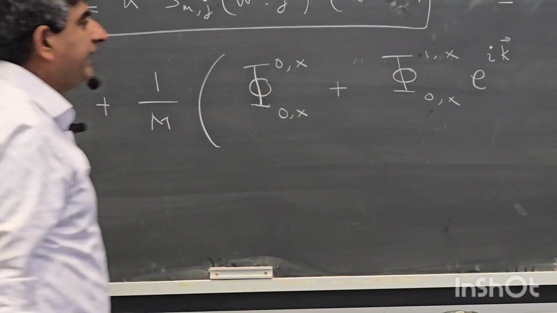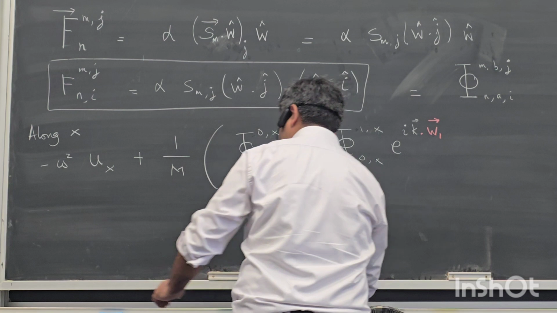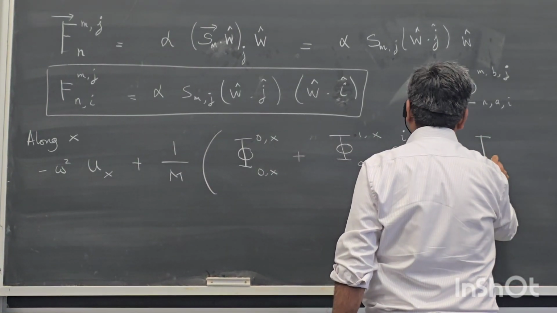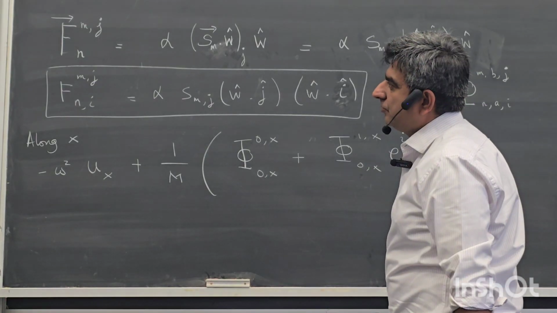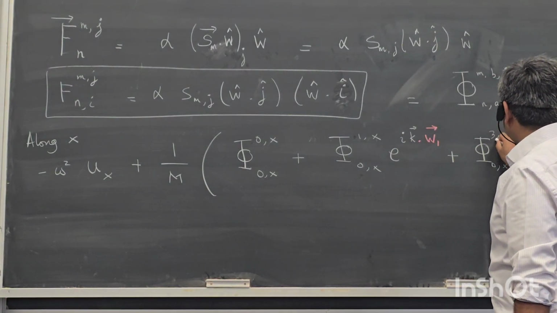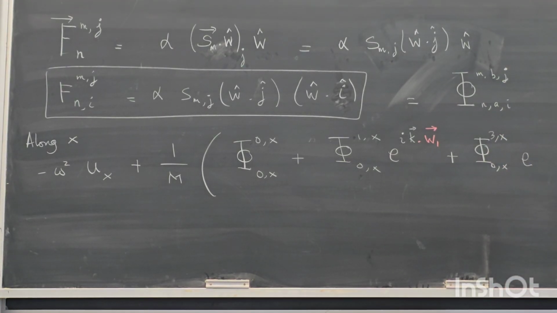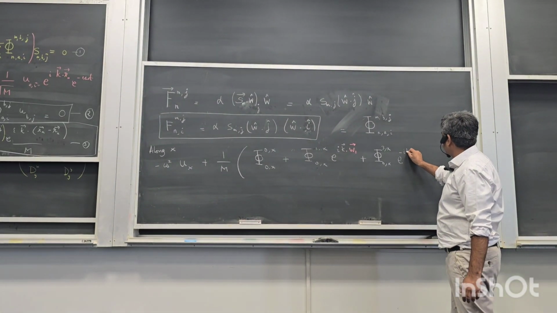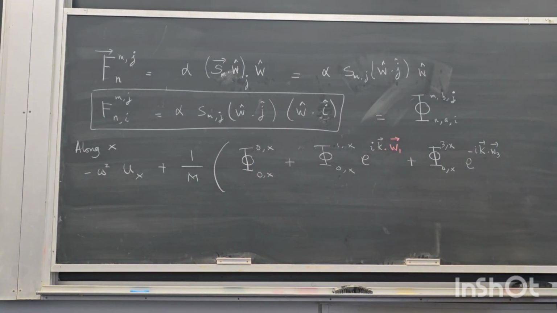So I get e^(ik·W1) plus phi 0x, and let's first do, instead of 2 let me put 3 here, 0x 3x e^(ik·W3), but W3 is minus W1, so I just put e^(-ik·W1).